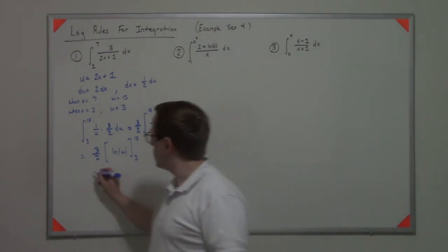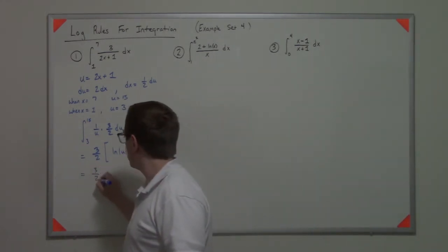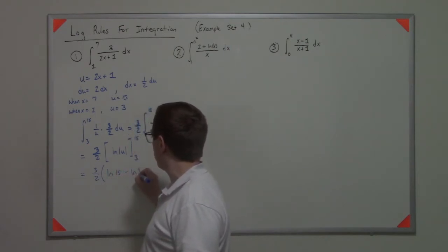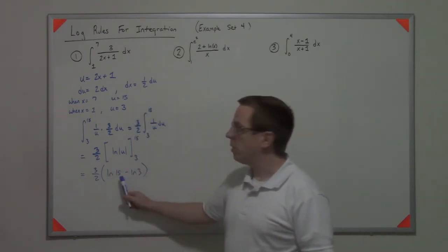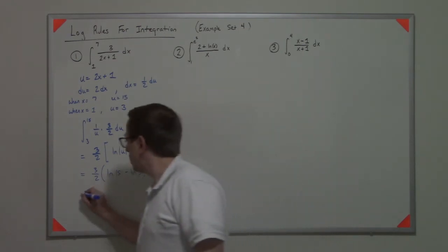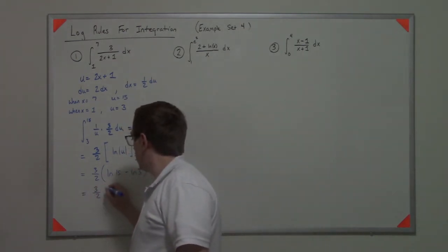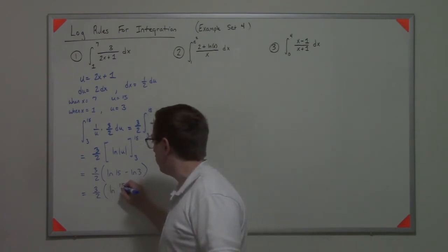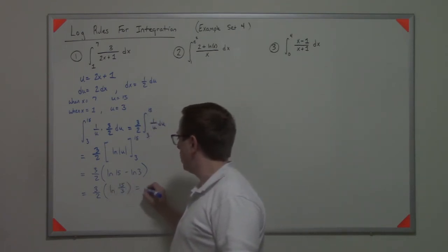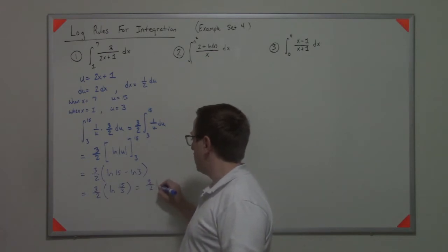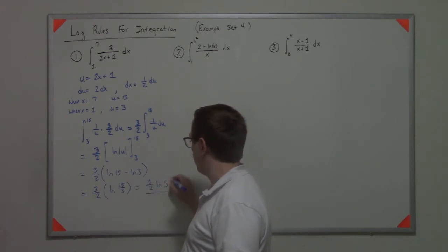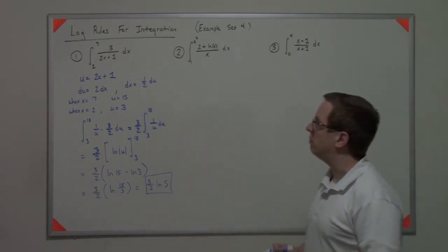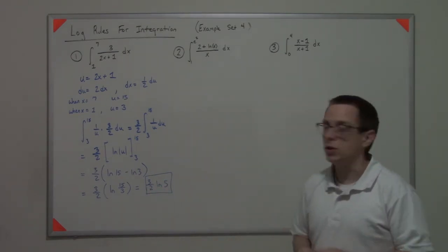So that becomes 3/2 natural log of 15 minus natural log of 3. But remember that the log rules tell us that if you subtract logs, you can represent them as a fraction, 15 over 3. So that is 3/2 natural log of 5. So you can do 3/2 natural log of 5, and that'll be your answer.